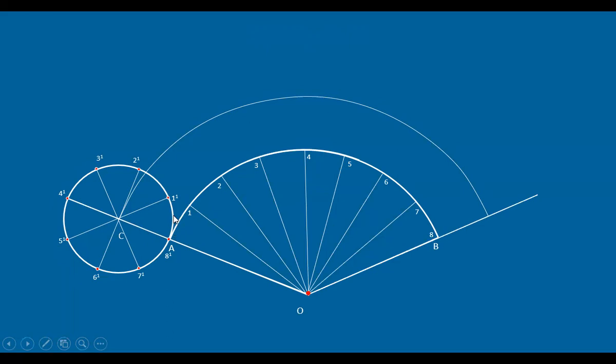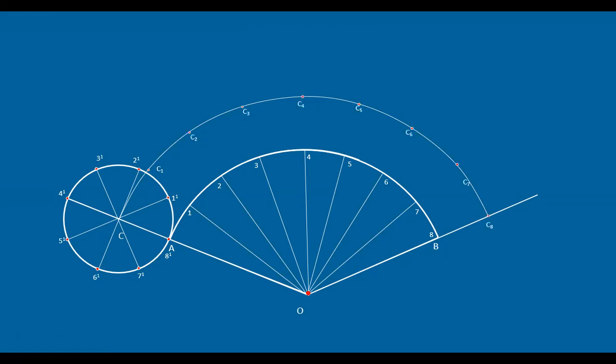That distance is nothing but small r plus capital R. So with this point as center and OC as radius, you draw an arc. This will be the path along which the center of the circle will be moving. So let's take different positions for the center of the circle, C1, C2, like this.